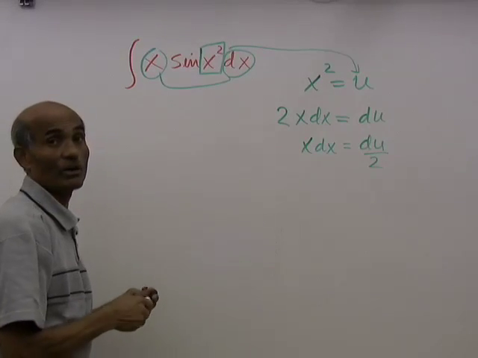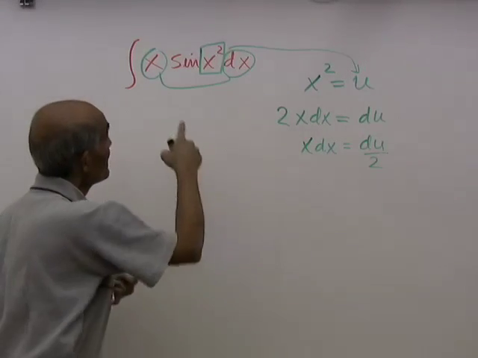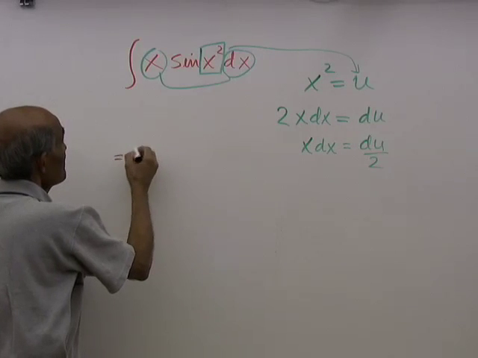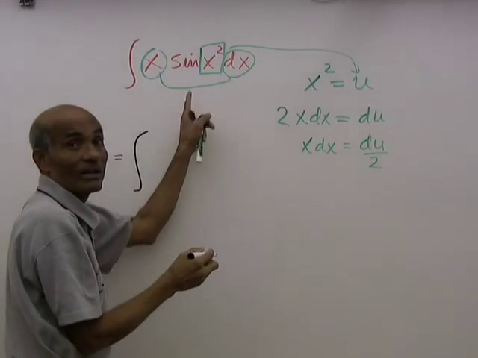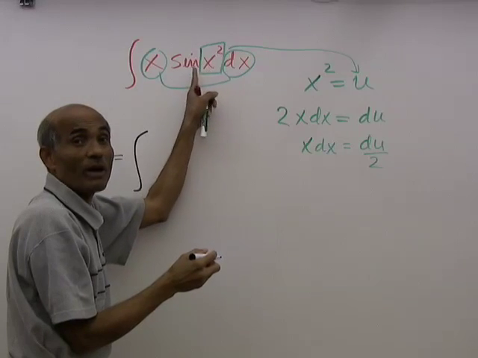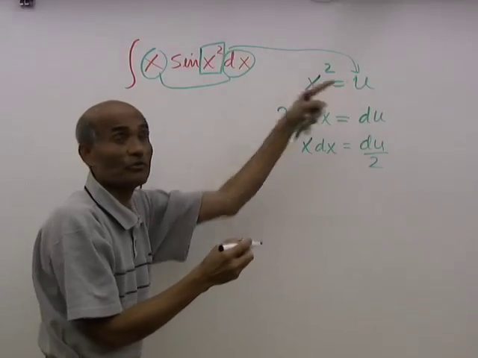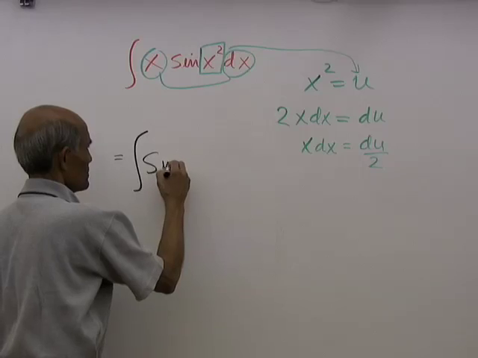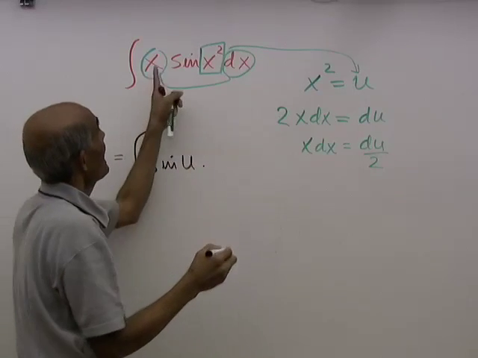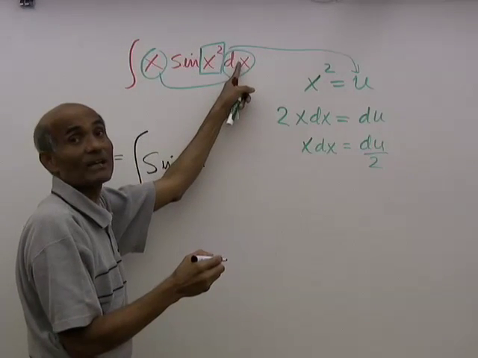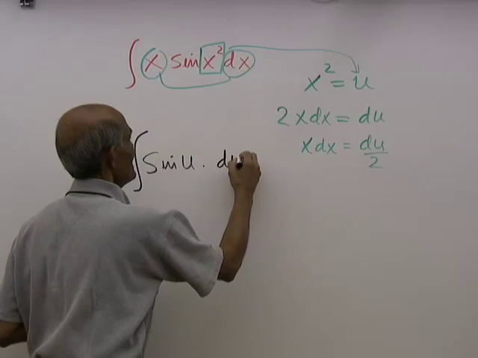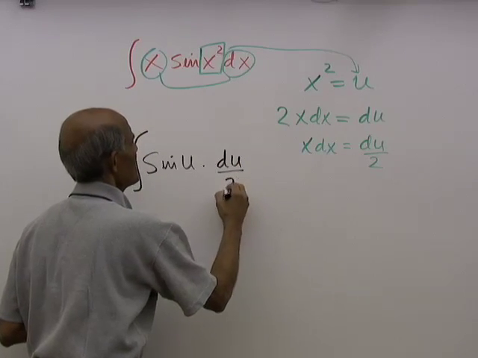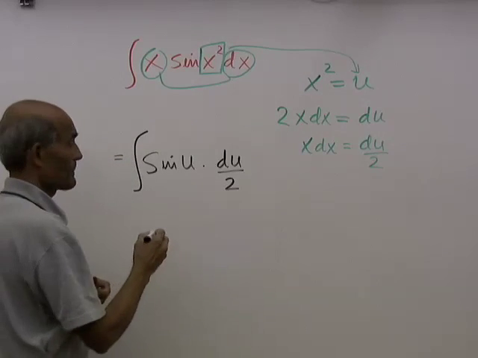And therefore, by doing our substitution, this integral now becomes what? This can be now written as integral sine x squared becomes sine of u, and x times dx becomes du over 2. So this will be sine u times du over 2.